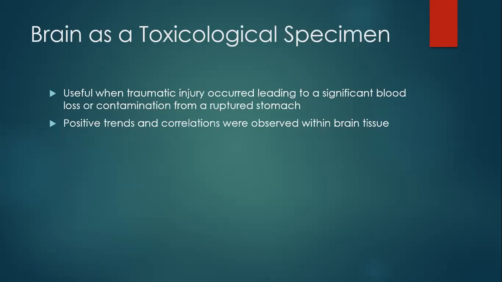Research has shown positive trends and correlations that are observed within the brain tissue, and research done has provided insight into using brain as a toxicological specimen and as another tool for toxicologists to determine drug concentrations postmortem and be able to compare them throughout the body.